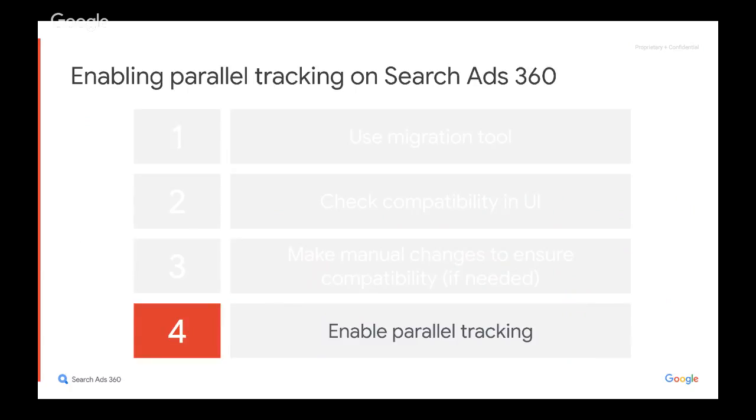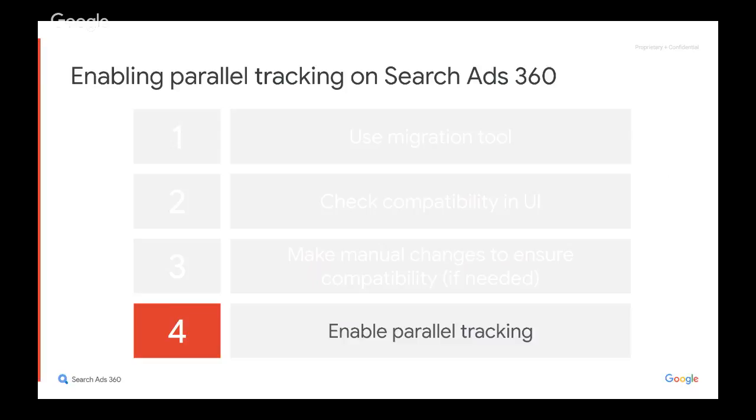If we're done with all those steps, so if we've made sure that we've used the migration tool, and by the way, even if you're not using features for which the migration tool is necessary, we would still advise using it just to make sure that all accounts are set up properly for the future.